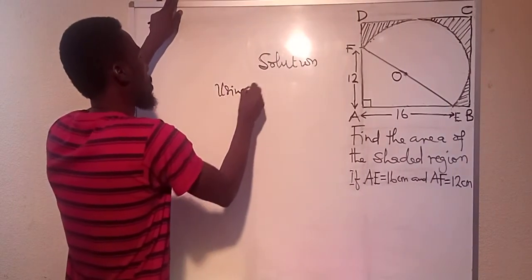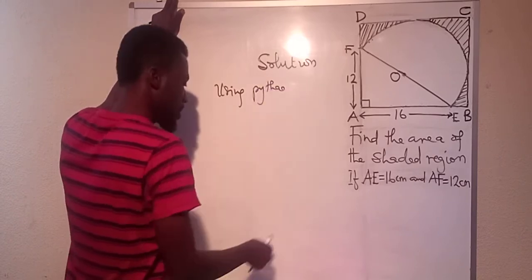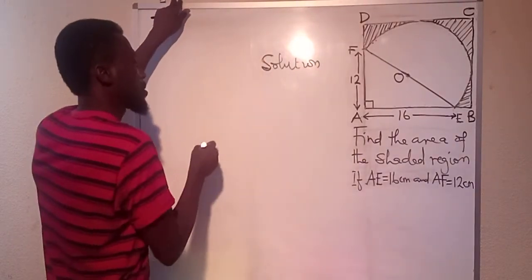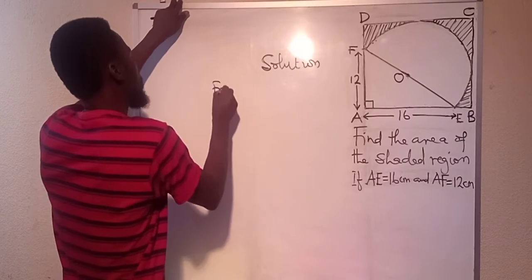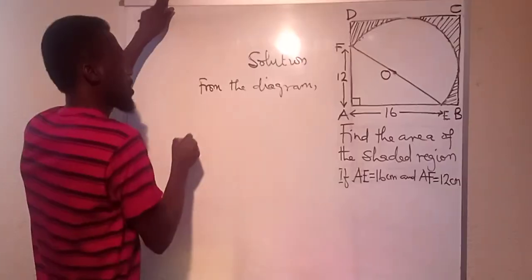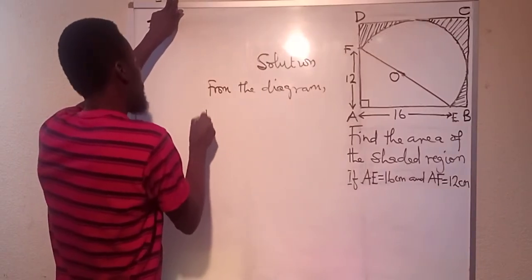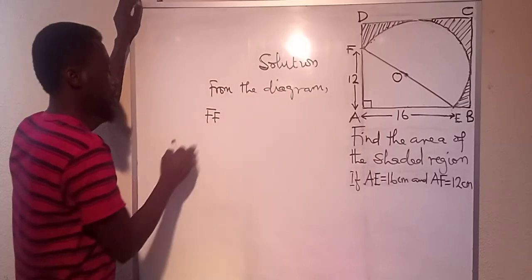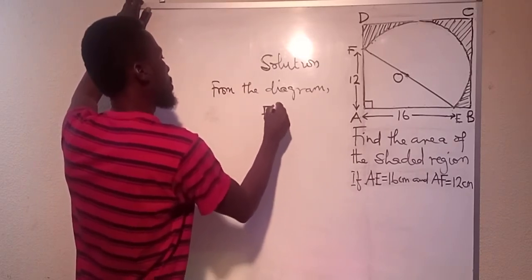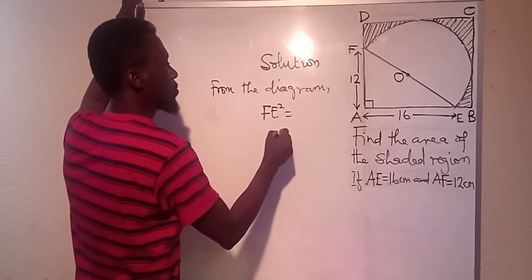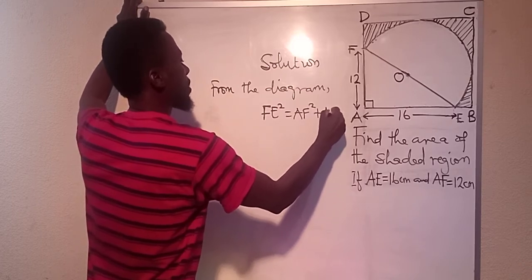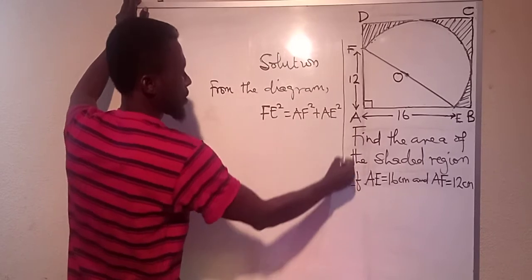Using Pythagoras, from the diagram, we can say FE squared is equal to AF squared plus AE squared.